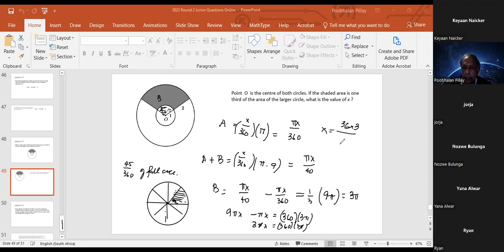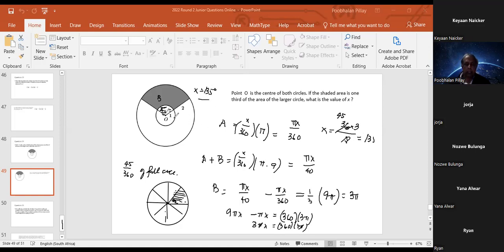That's 8x. So x is that divided by 8. 8 goes into 360 45 times. We don't use calculators here. So 45 times 3 is 135. So this angle here is 135 degrees.